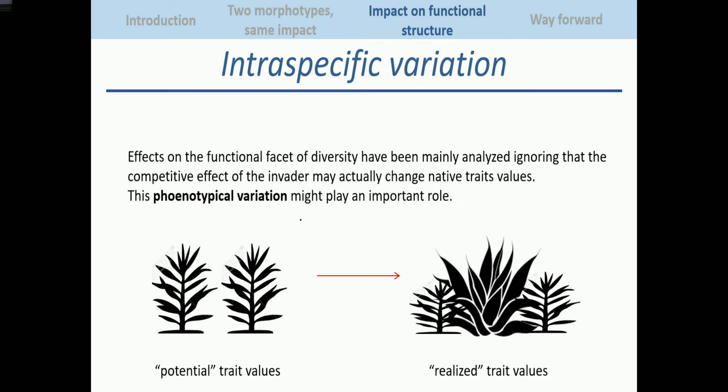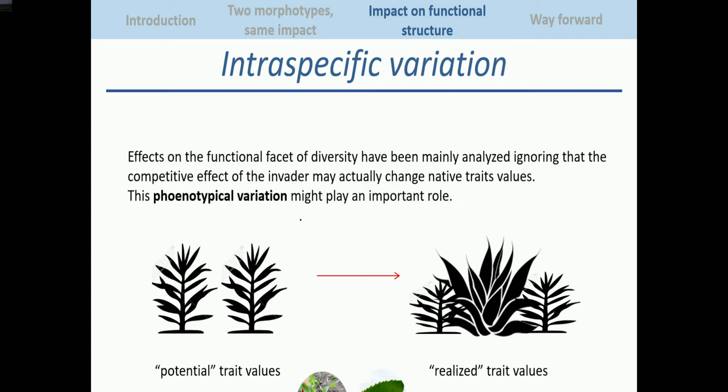Those are values that are modified and that are a consequence of the competitive pressure of the invader. And of course, I went and measured a lot of trait values in invaded and non-invaded species for both plant height and specific leaf area.